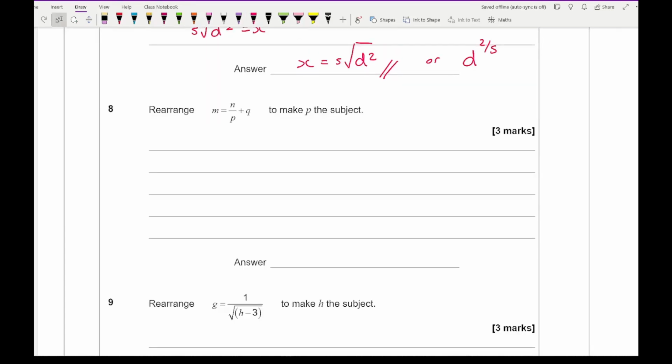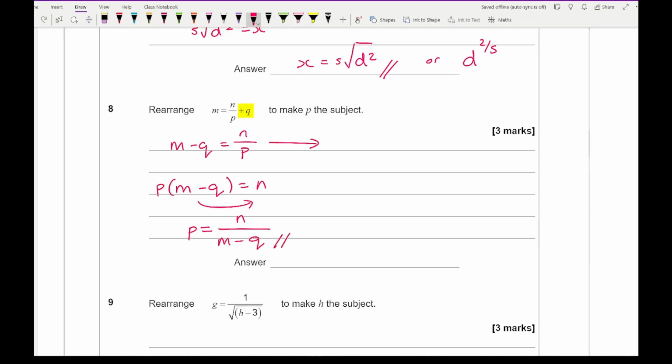Then moving on to question 8, it says rearrange m equals n over p plus q to make p the subject. So the first thing we need to do is get rid of this plus q, and we do that by taking away q. So we've got m minus q equals n over p. So then if I take the p over, I get p times m minus q equals n, and then take this bracket over, so p equals n divided by m minus q.